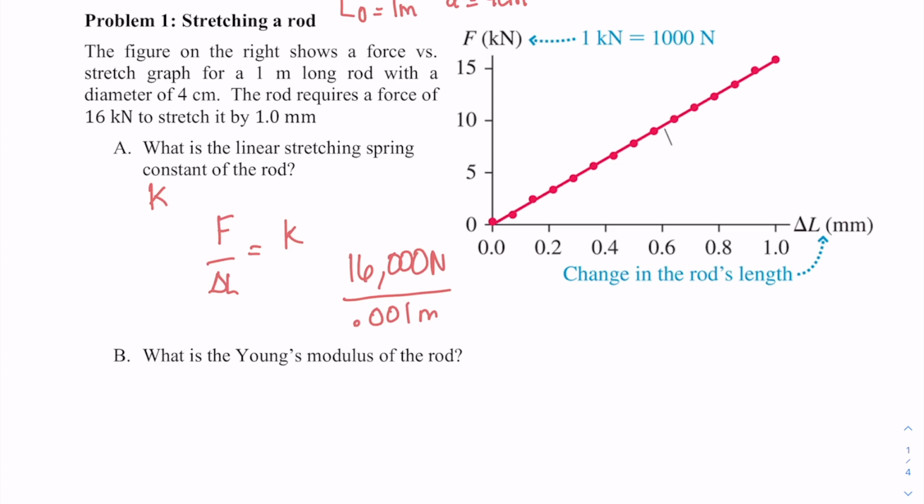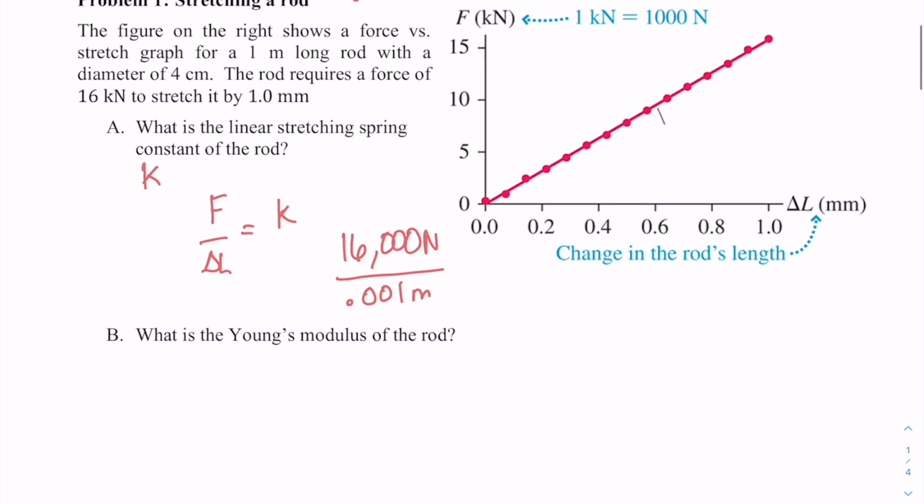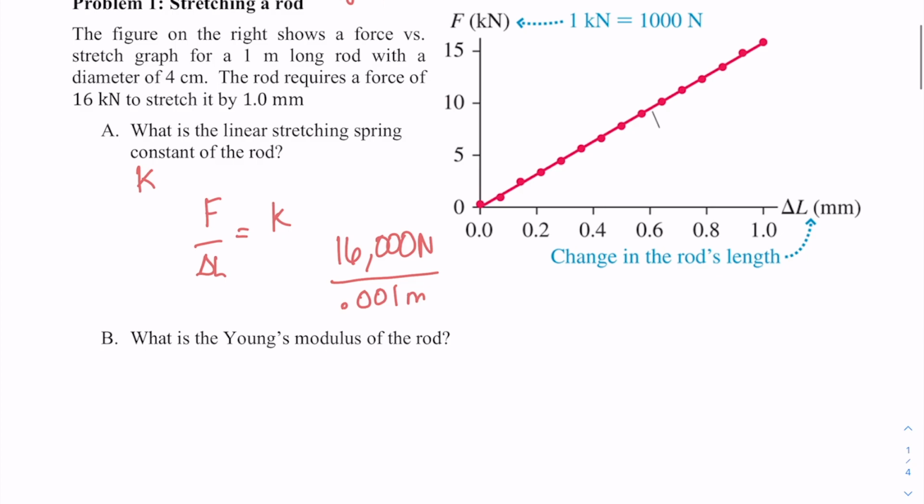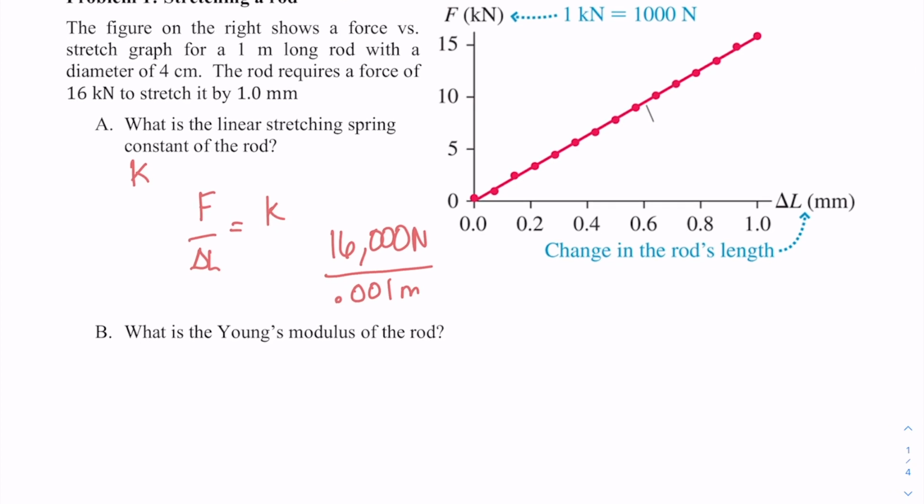You should get, that seems ridiculous, but I'll go with it. 16 million, yeah, I guess, newtons per meter.